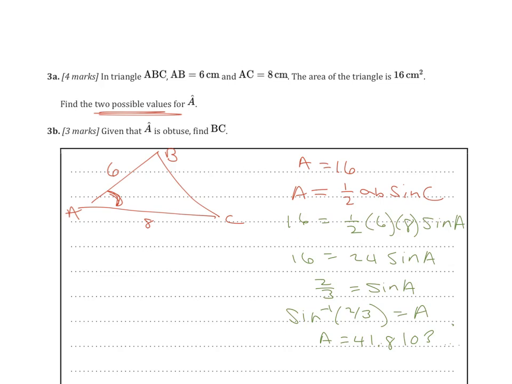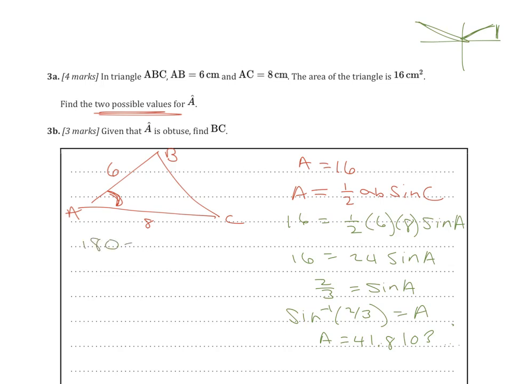Now, the question specifically said, find the two possible values of A. Just like the last problem, whenever we're using our calculators to take sine inverse, they only give us this first angle. But there's that symmetric one that we need to come up with. Same rule for sine: we do 180 minus theta.